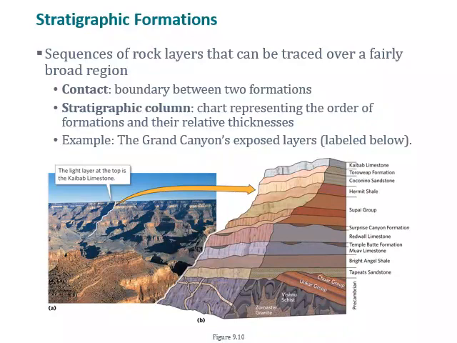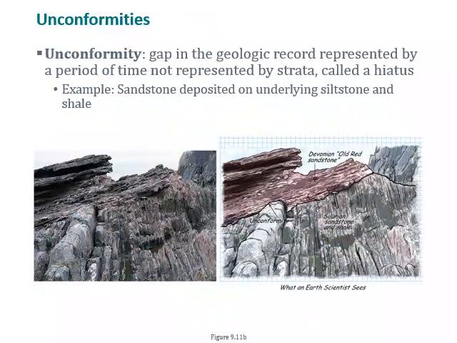Unconformities represent periods of erosion rather than deposition in the geologic record. So unconformities are lines between or contacts between different formations, possibly of very distinct ages with large gaps in between. One example below is a sandstone deposited on an underlying siltstone and shale.